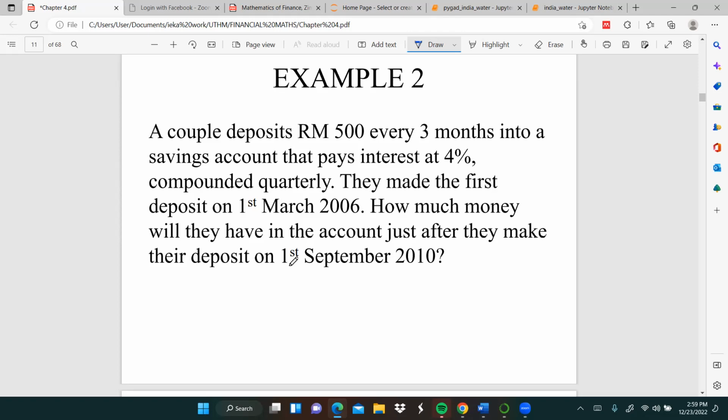So arrange the data on the time diagram, noting that the first deposit is made on 1st March. We know the first deposit, 1st March 2006, is time 1, T1.